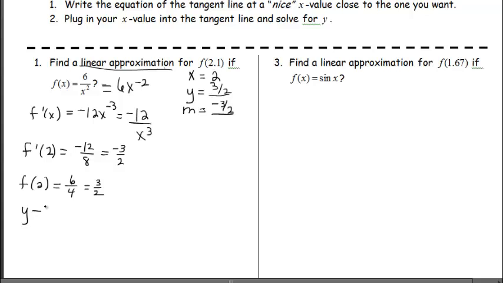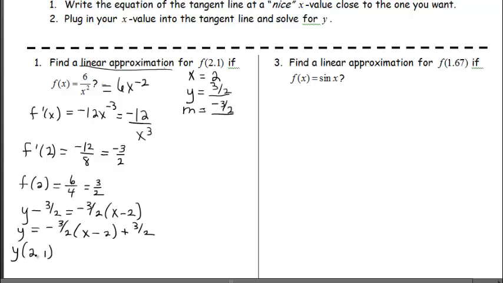So the equation of the tangent line is going to be, isolate y, and then we'll plug in 2.1. You might want to leave it in this factored form here.